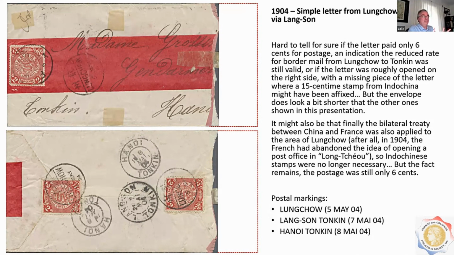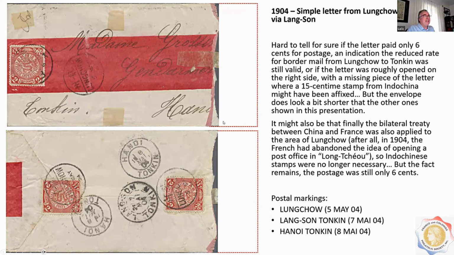When was the possible reduced rate of 6 cents first applied and why? Was it tied to the introduction of the reduced rate in the French intracolonial system in early 1899, and then up to what date was that 6 cents rate in place in Langzhou? We have mail that can help us.